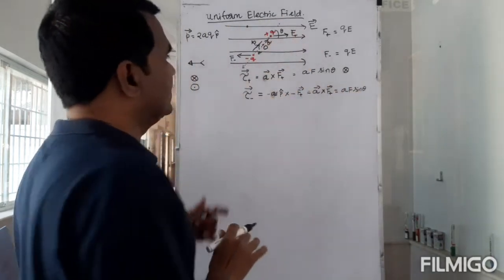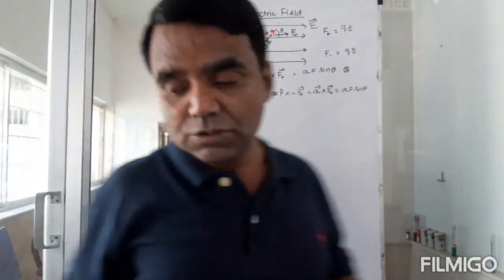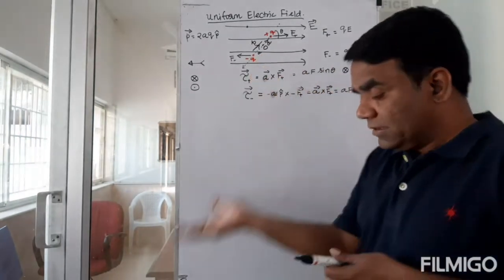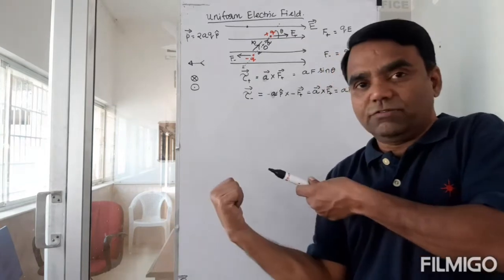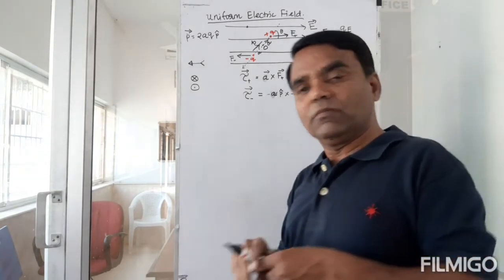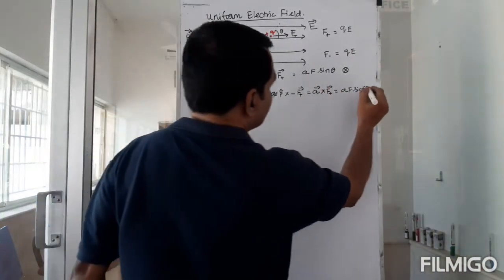And then what's the direction? Again, it goes inside, right? See, the arrow is still going into the board. The vector cross product is going into the board.